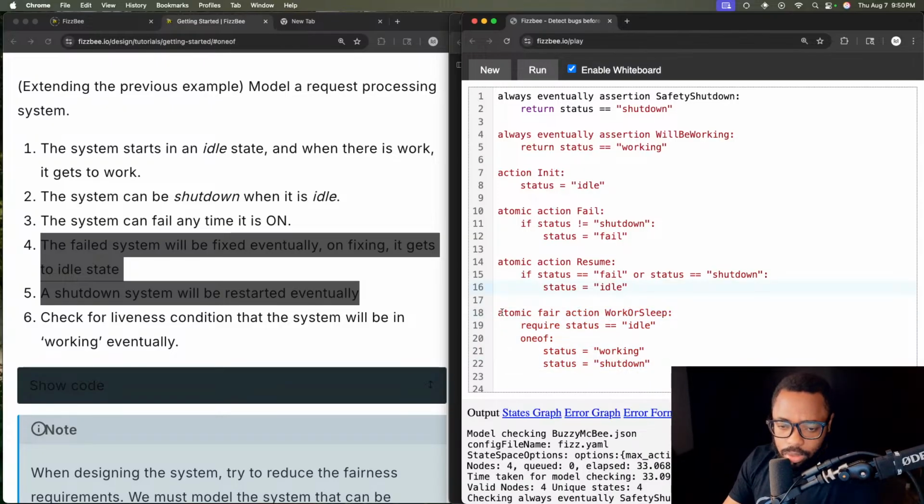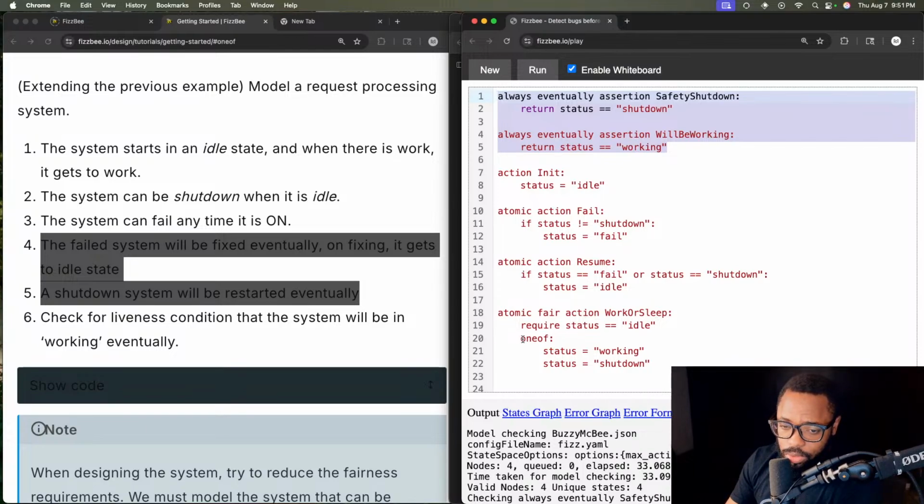Okay, so assuming that we fully understand this, with the fairness, we are forcing the issue here and saying that if the status is continuously idle, then at some point we want the status to either be working or shut down, which will satisfy this, right? Well, one, but not necessarily the other.